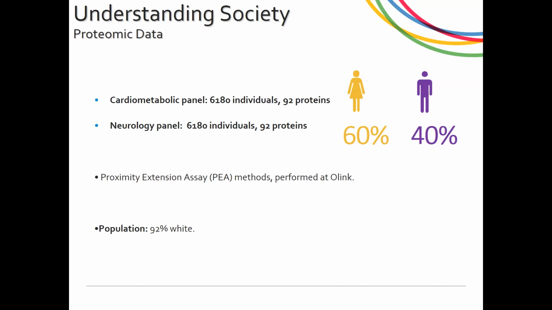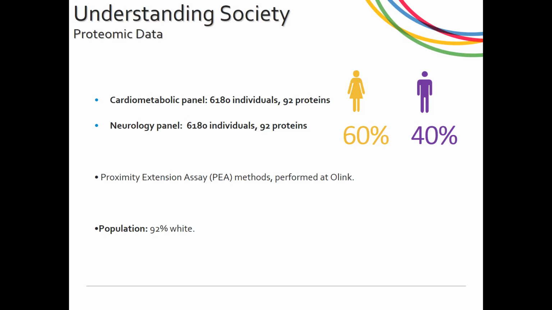The third one is proteomic data. We have a cardio-metabolic panel with 6,180 individuals and 92 proteins, and similarly a neurology panel with the same number of people and the same number of proteins. It was made by a company called Olink, using the proximity extension assay method.